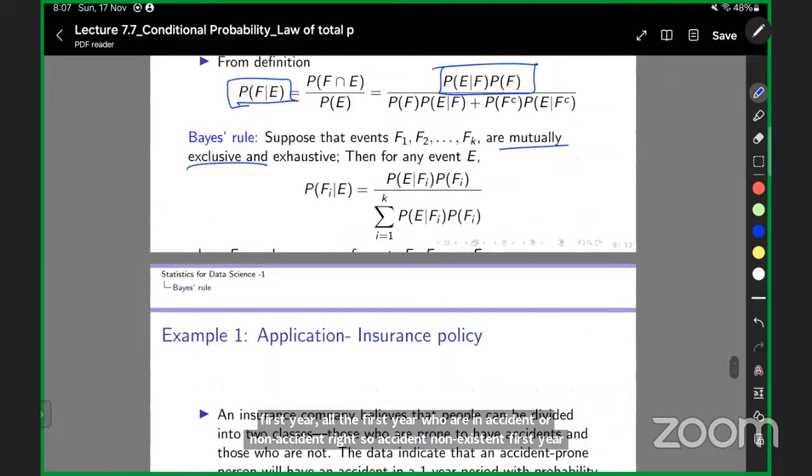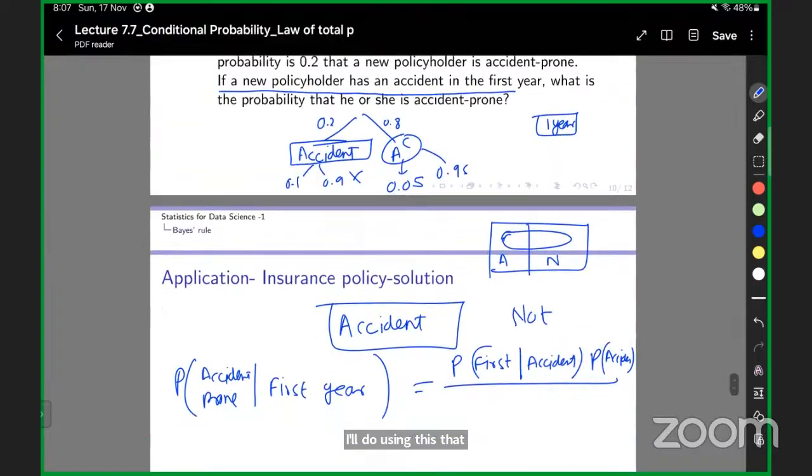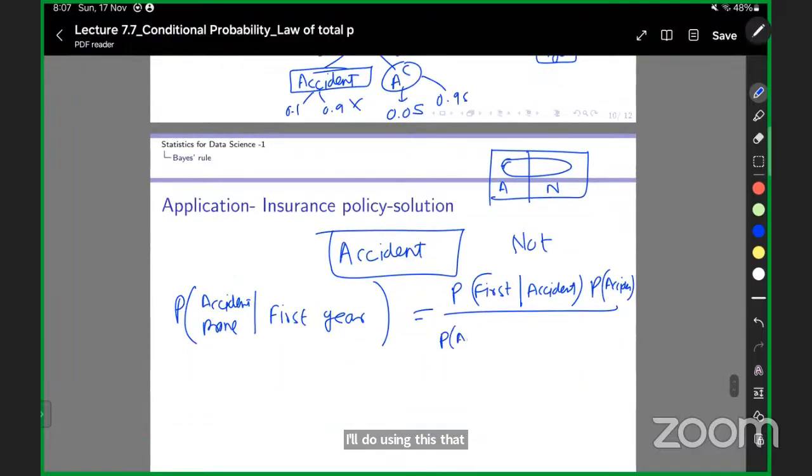So that I'll do using this: P of accident, right?